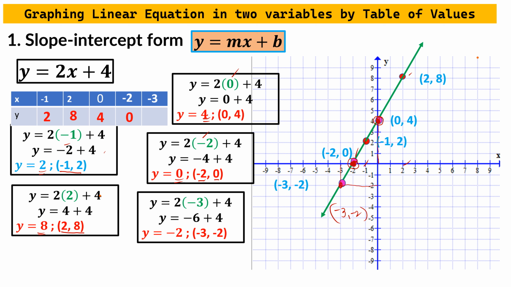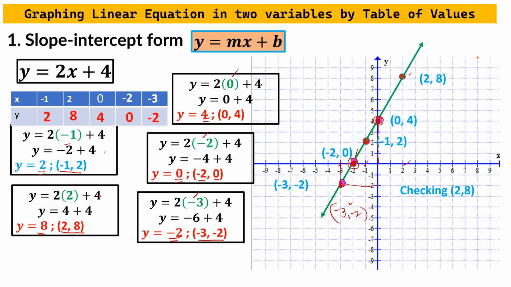Remember that we are getting the value of negative 3 and we're able to get the value of y, negative 2, with the ordered pair negative 3, negative 2, and using the equation substituting x by negative 3, we're able to get negative 2. So the ordered pair is negative 3, negative 2. Thus, the negative 3, negative 2 is still on the line itself.